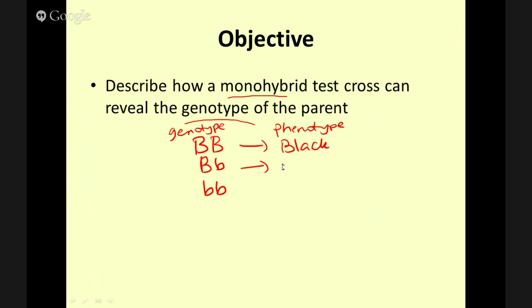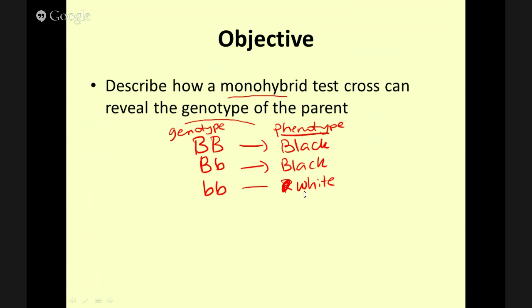Big B, little b, again, is black because black is dominant over white. And then little b would be white or red or whatever the other recessive fur color is. So remember, your phenotype tells you what your organism looks like, and your genotype tells you what genes are present inside the DNA of that organism.